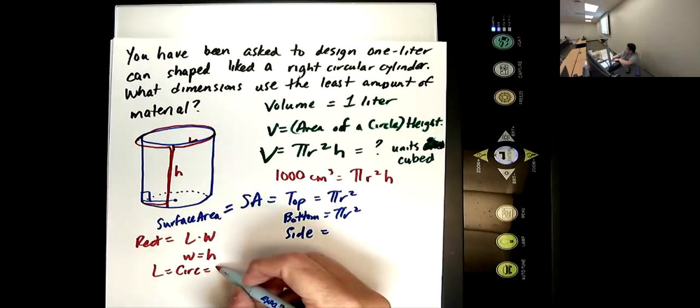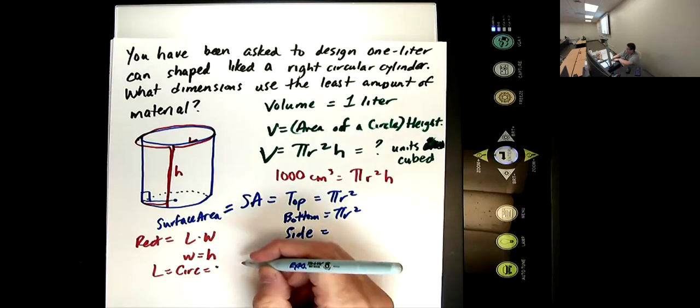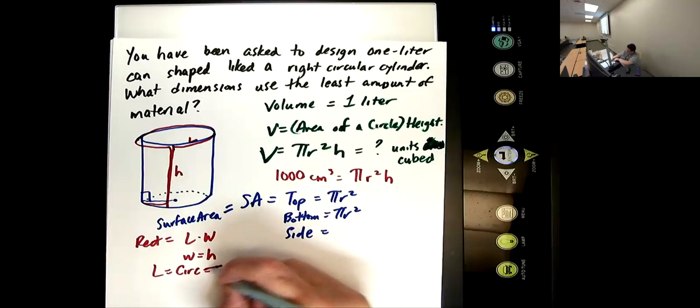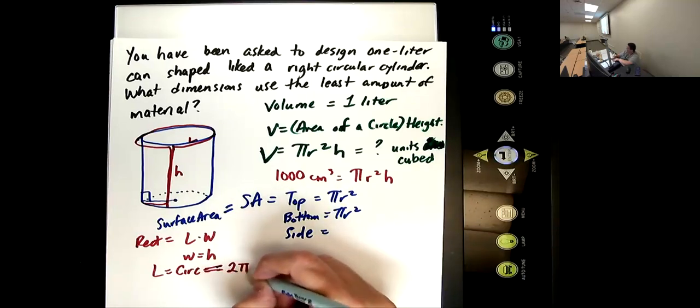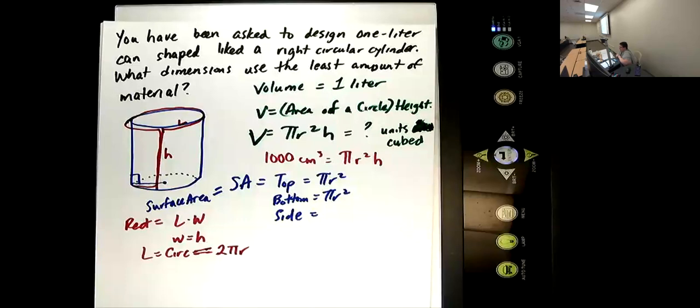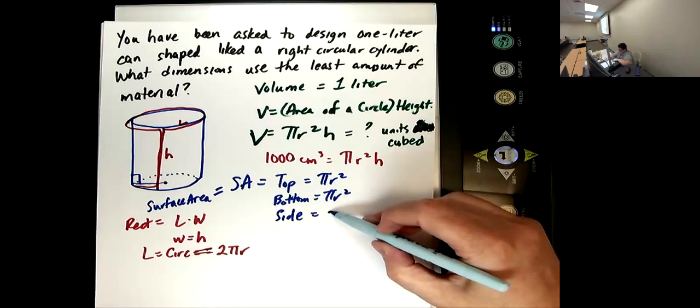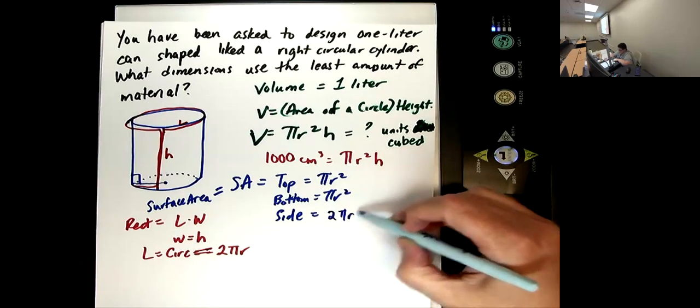Which is, does no one know the circumference of a circle? 2 pi r. Close. It's pi d or 2 pi r. I don't want to use pi d because I don't have a d in this, but d is twice the radius. So if I put that together, I've got two pi r h.